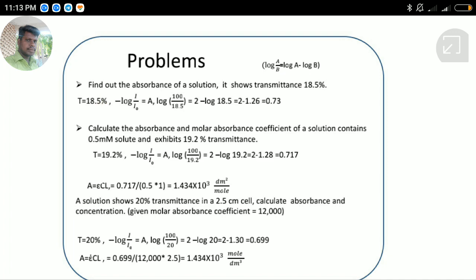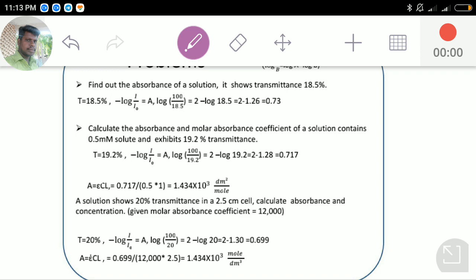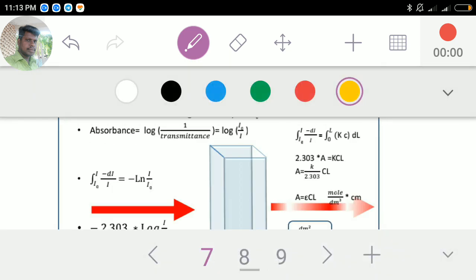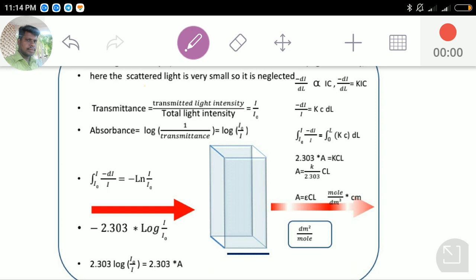So initial is 100%, and 18.5% is transmitted through our material, the solution.